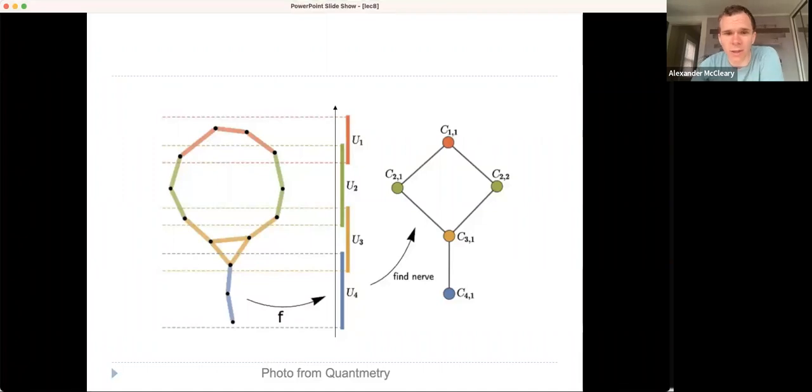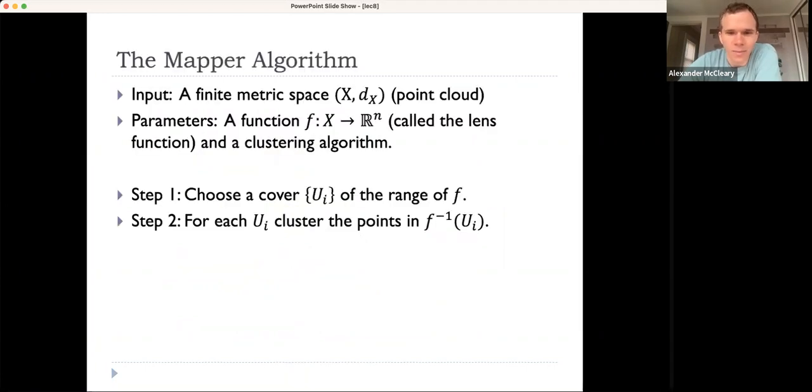When we run the clustering algorithm on the inverse image of U2, we're going to get 2 clusters, because we have these 2 separate pieces. And then for the rest of the inverse images, we're just going to get 1 cluster.